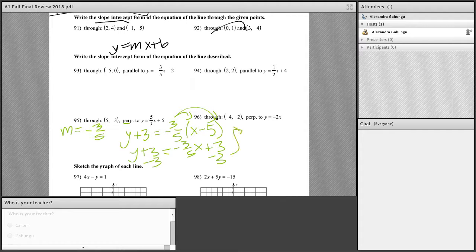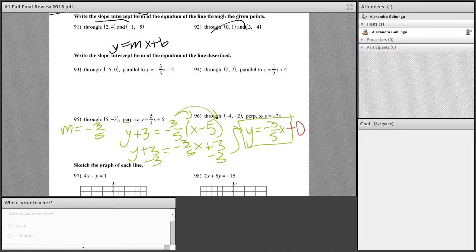And I'm going to move up here, and I get y is equal to -3/5 x, and -3 and +3 canceled. So that's it. That's our equation. That just means we have a y-intercept of 0. This would be kind of like plus 0 if you were trying to graph it. So y-intercept is at 0, 0, and then you have your slope.